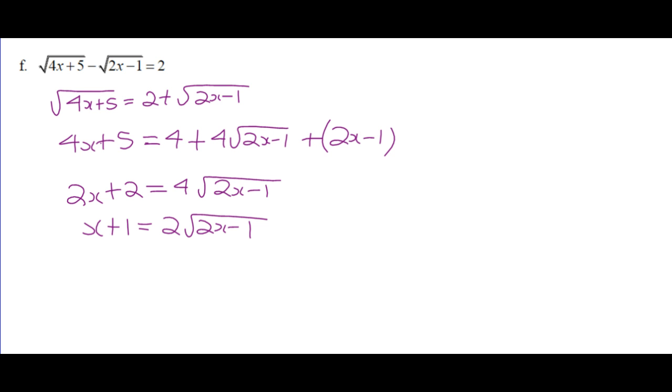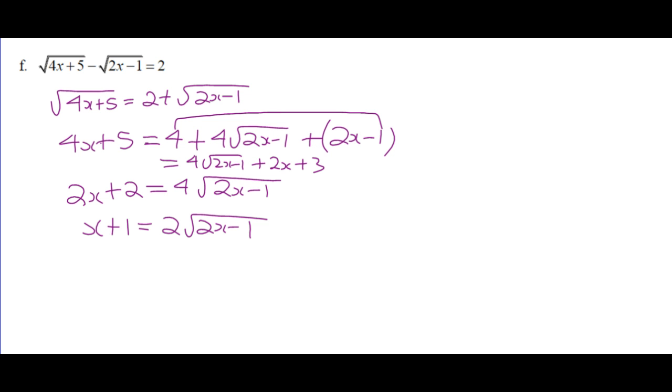Yep. Wait, how did you get 2x plus 2? Okay. So this side is 4 root 2x minus 1 plus 2x plus 3. Then I subtracted 2x from both sides, and I subtracted 3 from both sides.